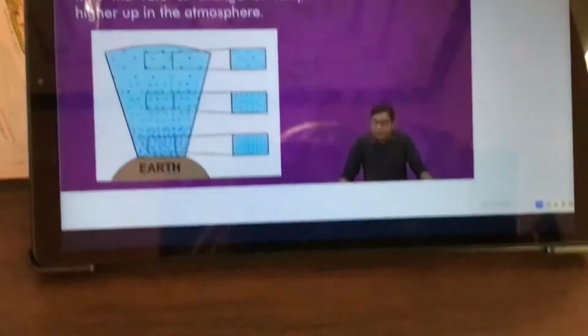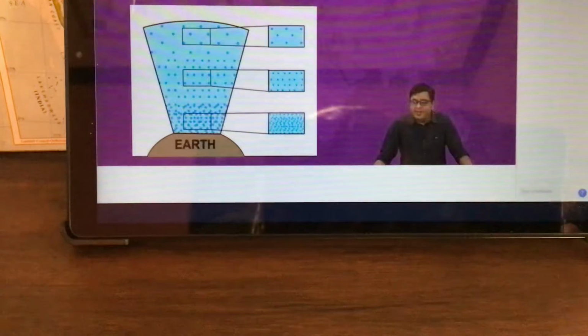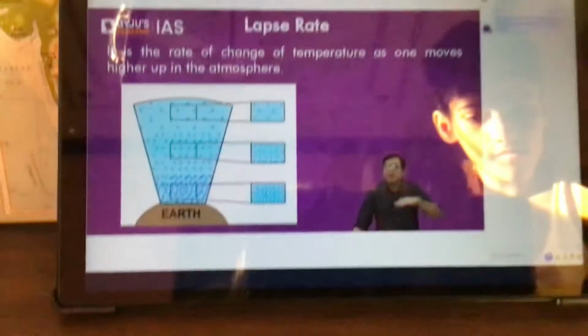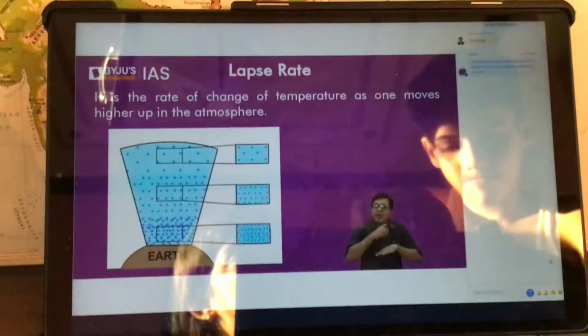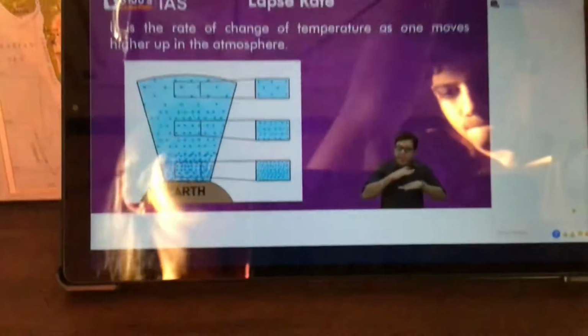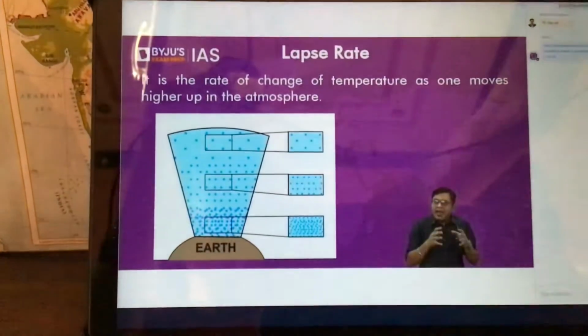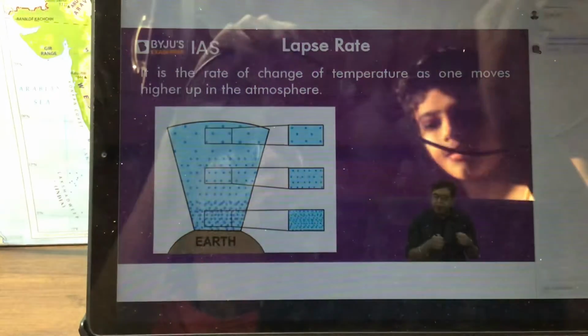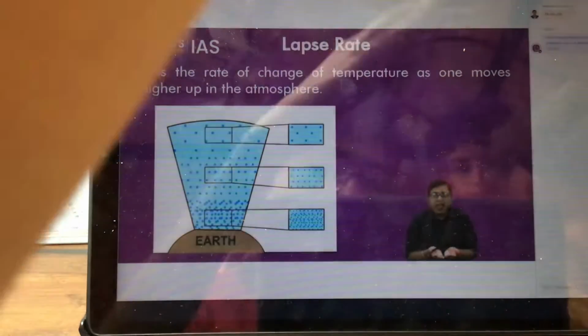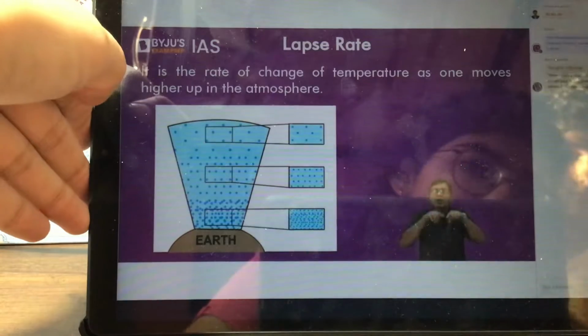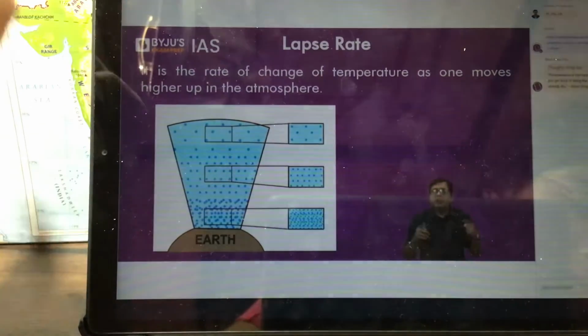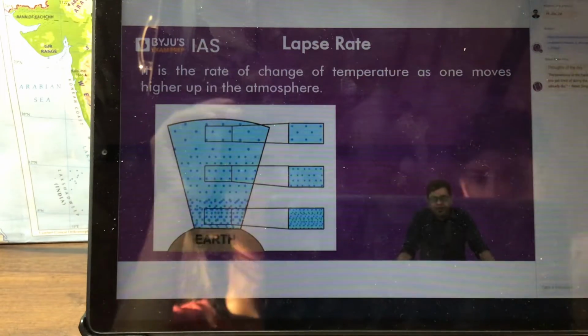Now that ground surface, when it gets heated, ends up conducting its heat to the air immediately in contact with it, and that air then, by the process of convection, can eventually rise up and lead to the distribution of heat in the entirety of the atmosphere.